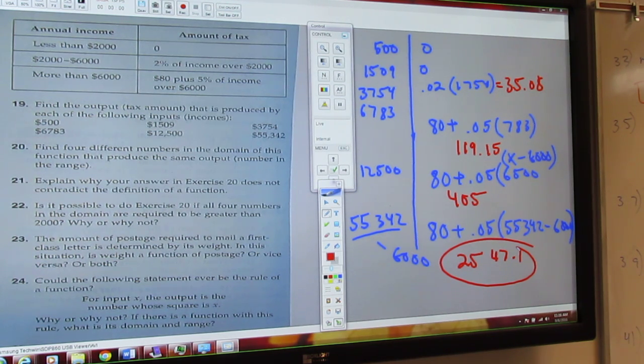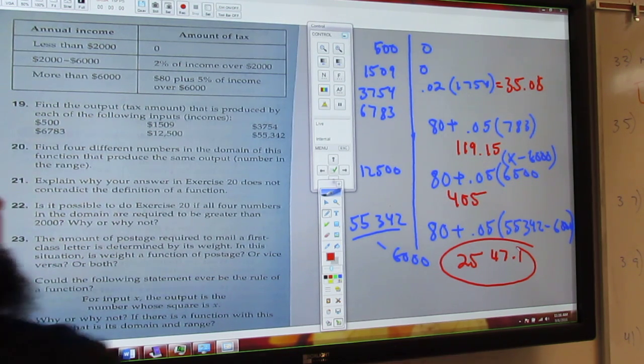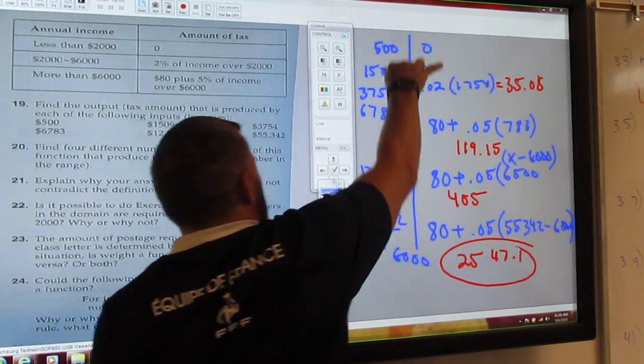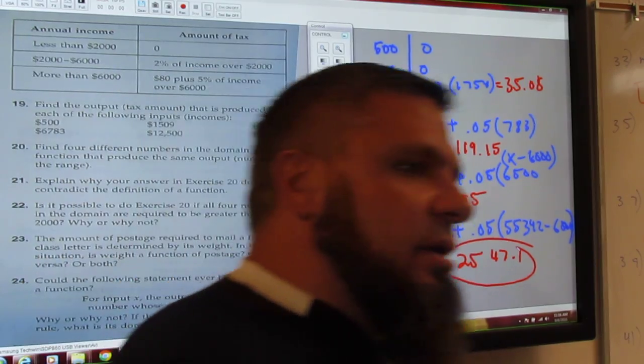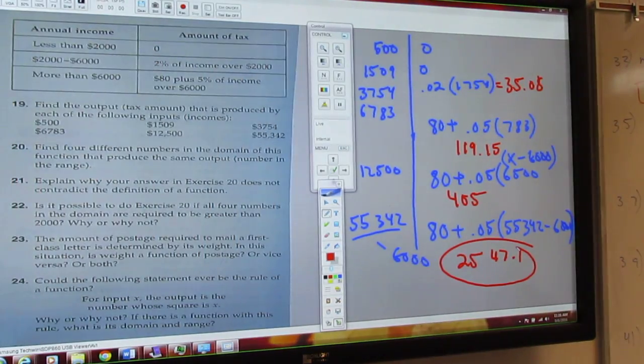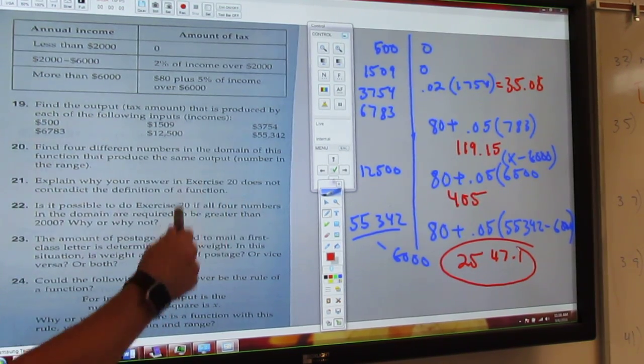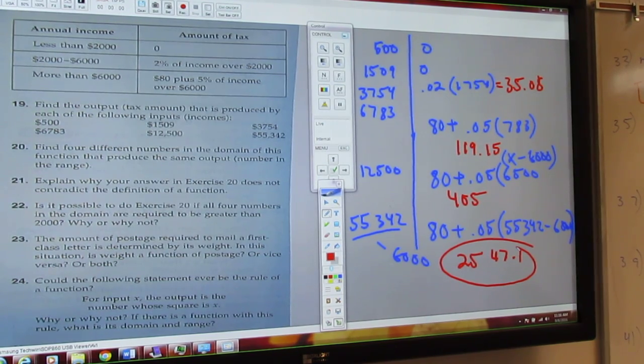The y's can be the same, but the x's cannot be the same. You either made $1 or you didn't make $1. So the x's are different. That's why this is a function.